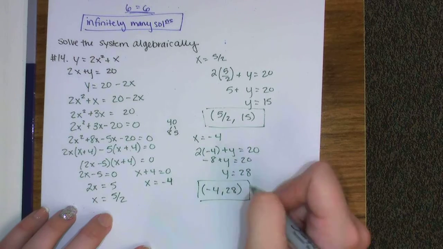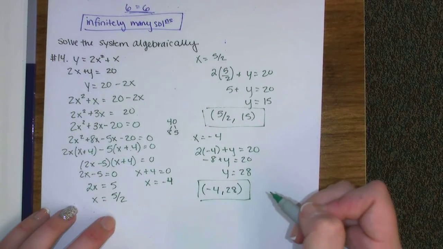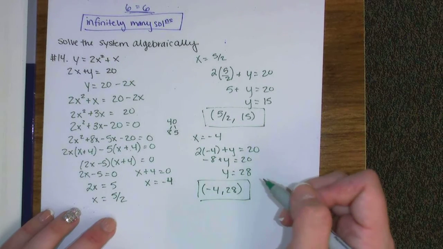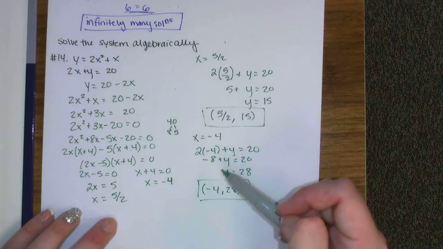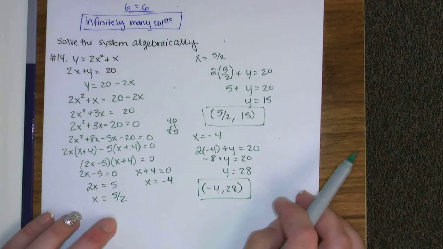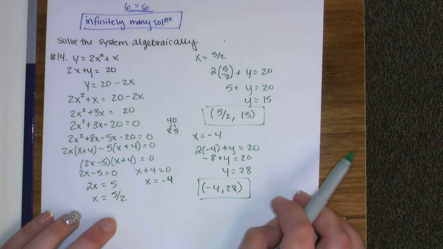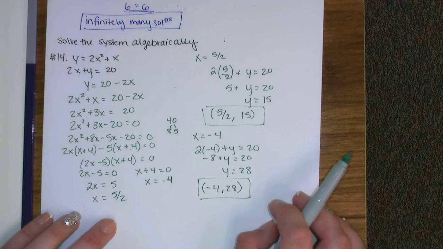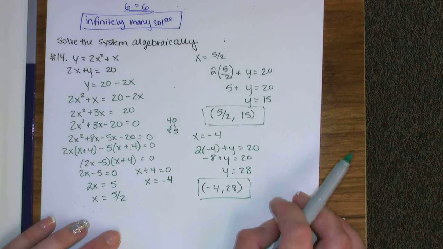So those are my two answers for these ones. So these ones, you will always have two answers for this type. All right, let's do one more, and then we will move on to the last type.